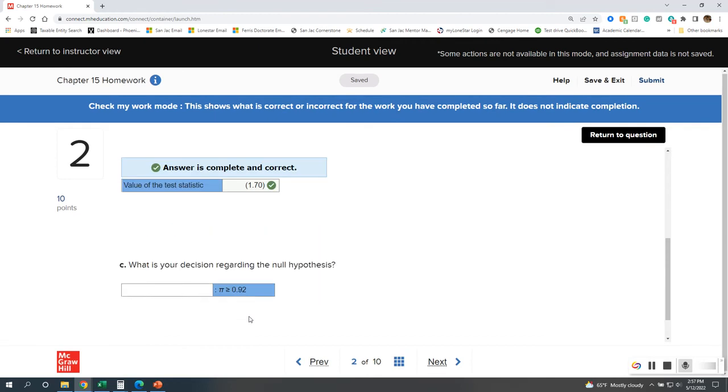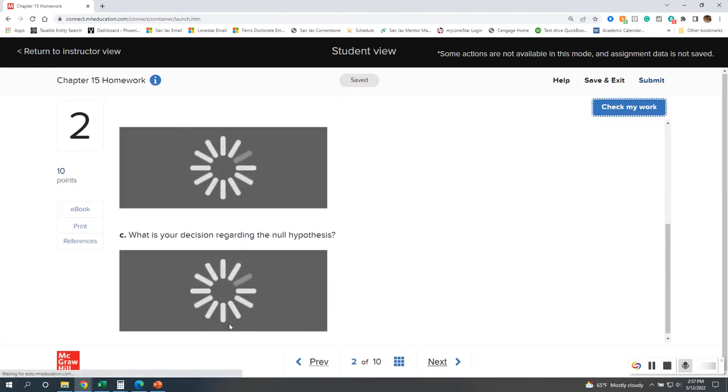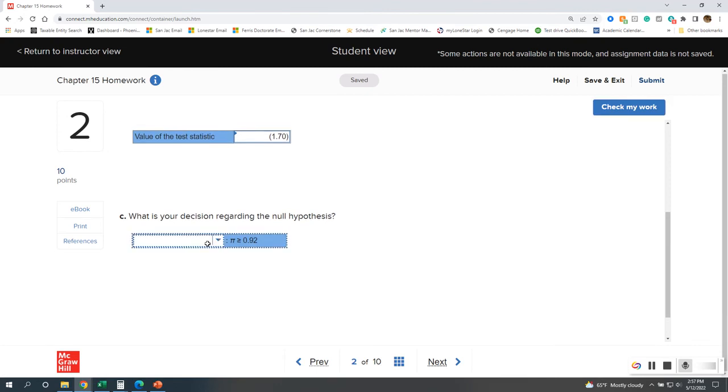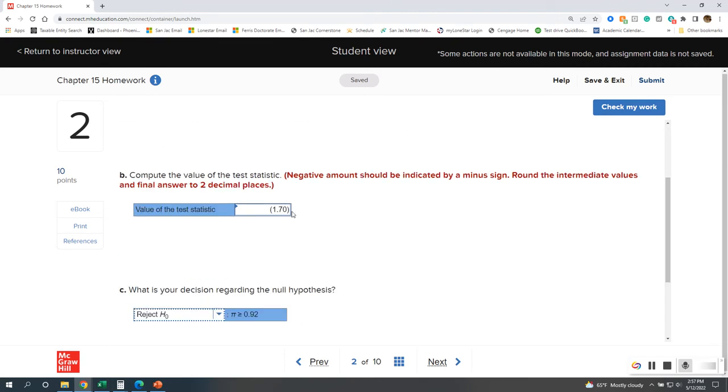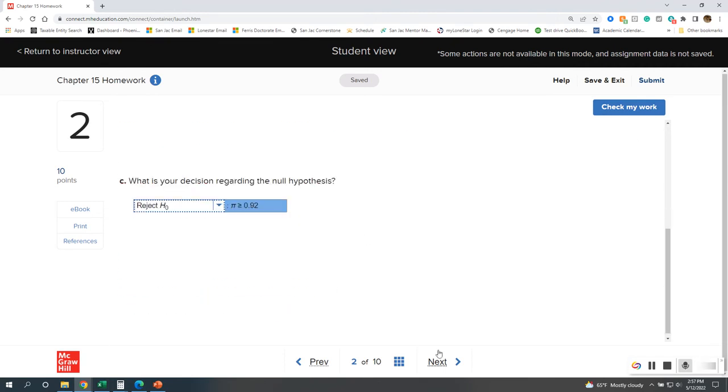Okay. So what is your decision regarding the null hypothesis? Probably going to reject. Why? Because z is less than negative 1.64. So you are going to reject.